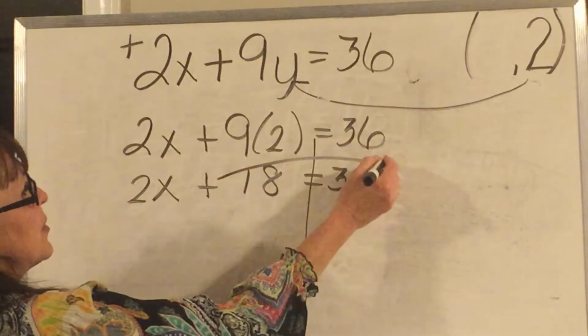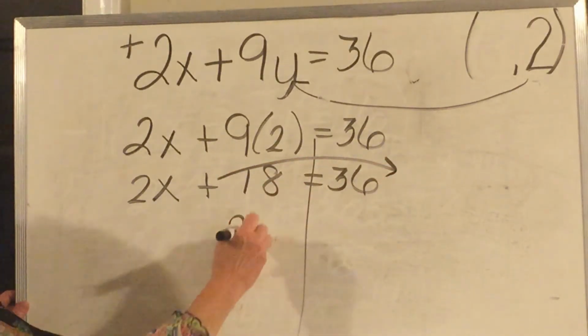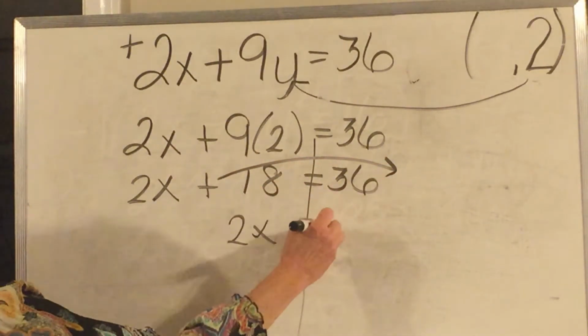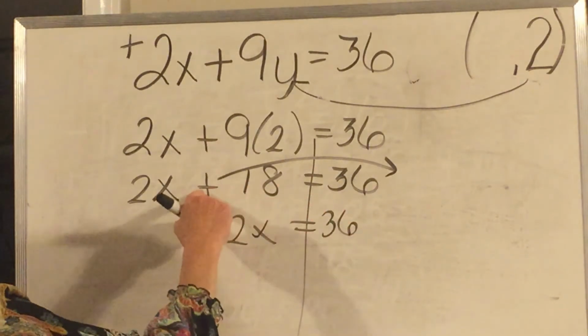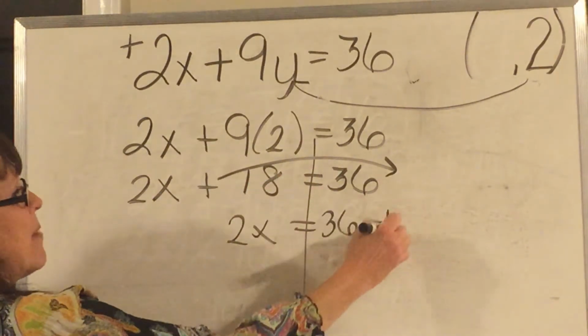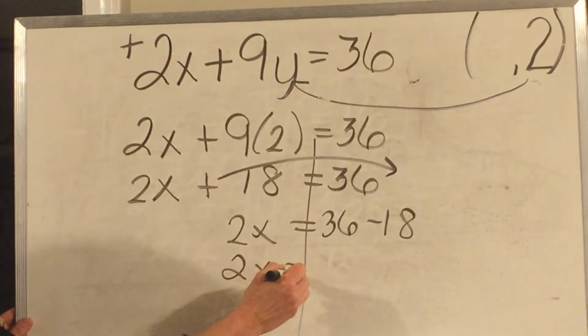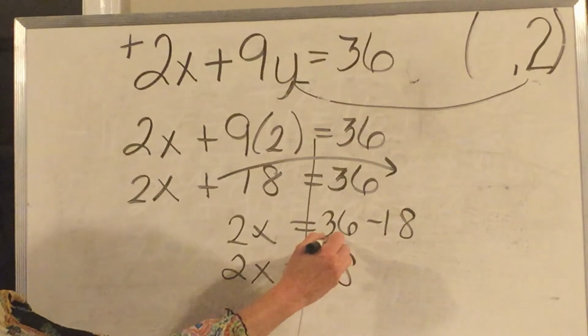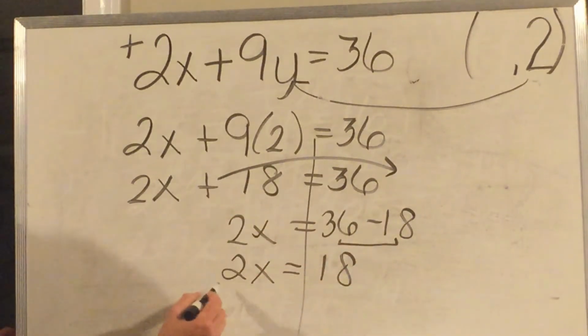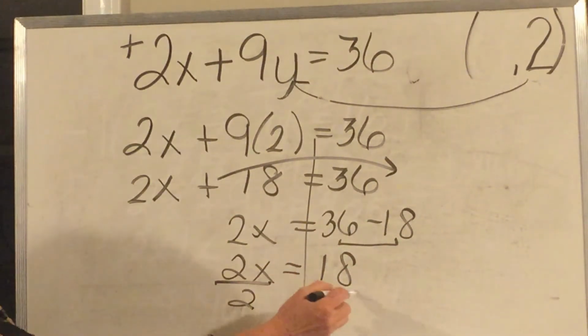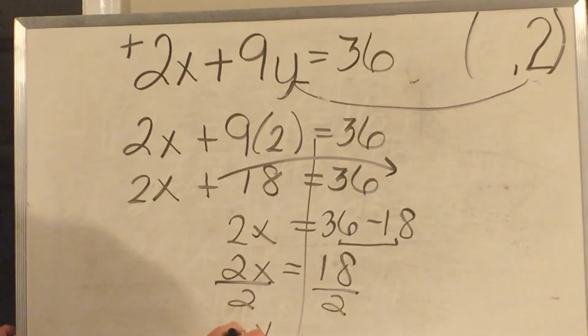We move the number to the other side. 2x equal 36 minus 18, because that plus 18 becomes a minus 18. 2x equal 18 when you subtract. Divide by 2. x equal 9.